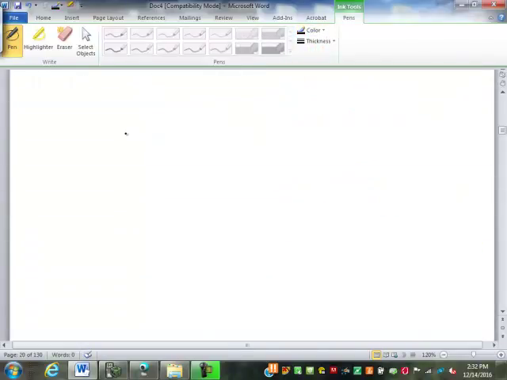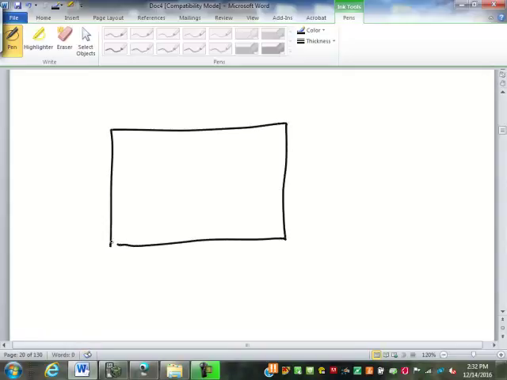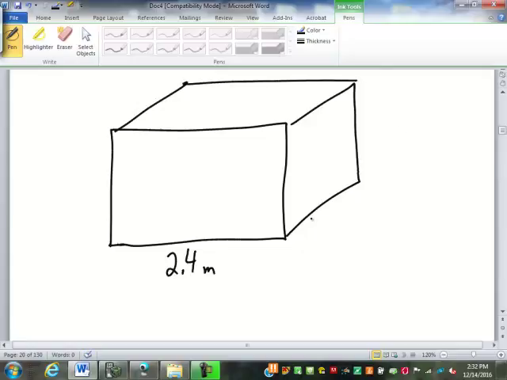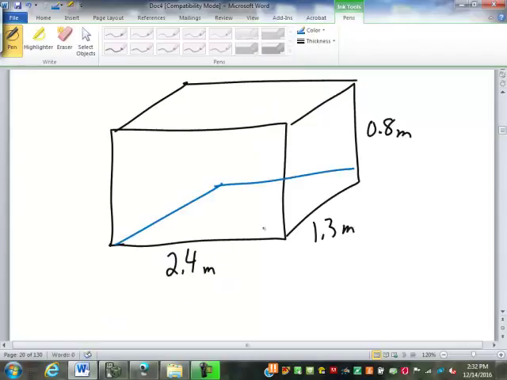So because of that, let's say I have a tank. And let's say this tank is, well, let's go 2.4 meters. I know it's quite a large tank. By 1.3 meters by 0.8 meters. To find the volume, I'm going to find the area of the base down here, which is 2.4 times 1.3.